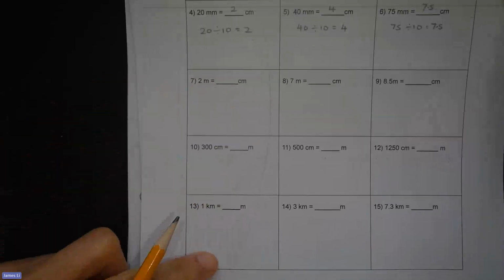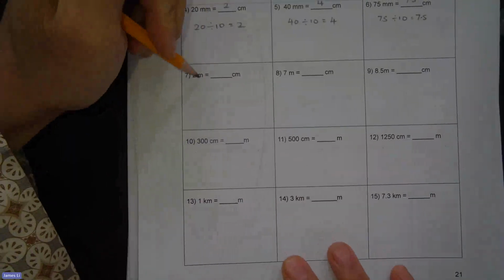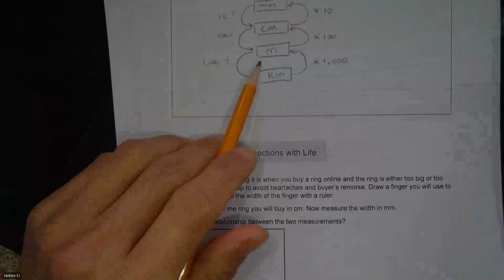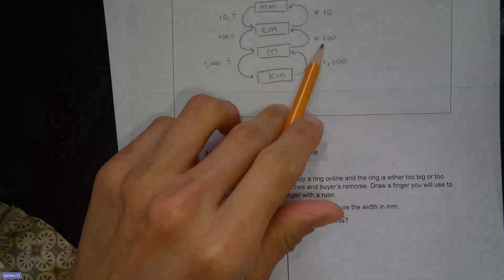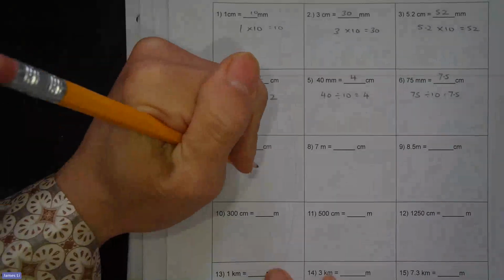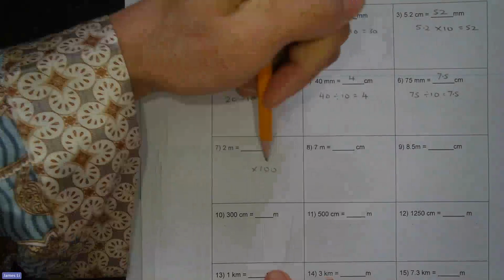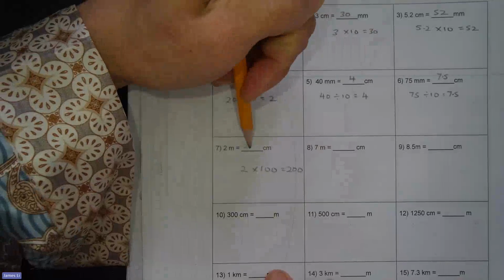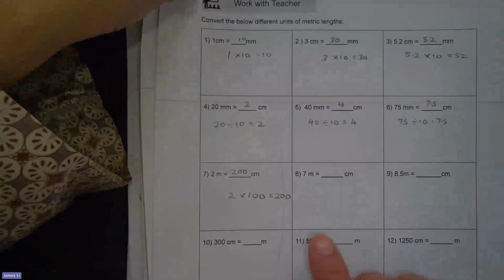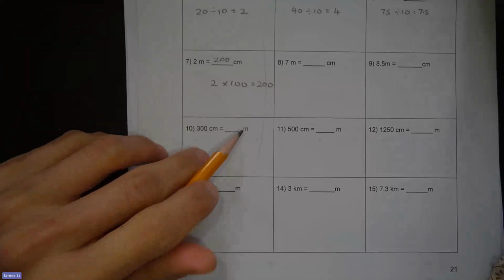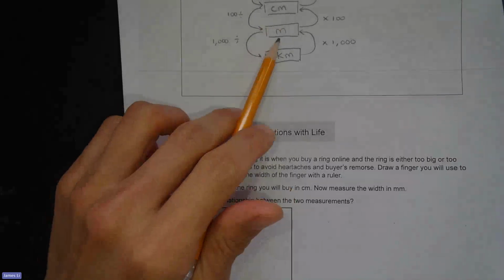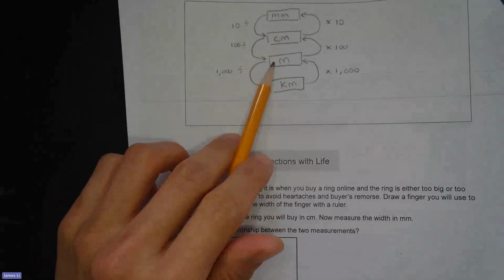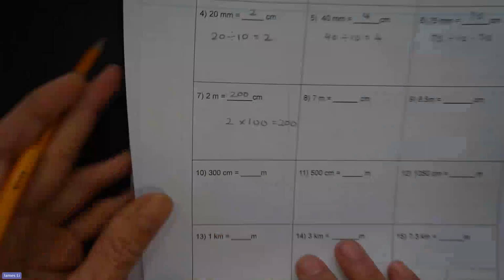I'm going to do a few more here, and then I'll leave you to do the rest on your own. Meters to cm. Meters to cm, as you can see, is multiplied by 100. So I will write multiply by 100, and I see 2 multiplied by 100, I get 200 cm. Okay, 8 and 9 follow this. So let us try cm to meters. Let us look at the infographic table again. Cm to meters, obviously I look at this and I see divide by 100.